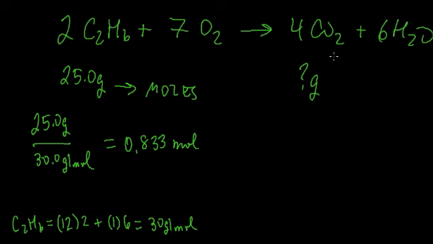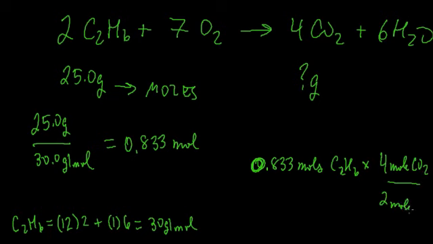Now, we need to go to the amount of carbon dioxide. Notice the ratio of ethane to carbon dioxide. It's 2 to 4. Every 2 moles used will give us 4 moles of carbon dioxide. So we have 0.833 moles of C2H6, and we know we have 4 moles of CO2 to every 2 moles of C2H6.